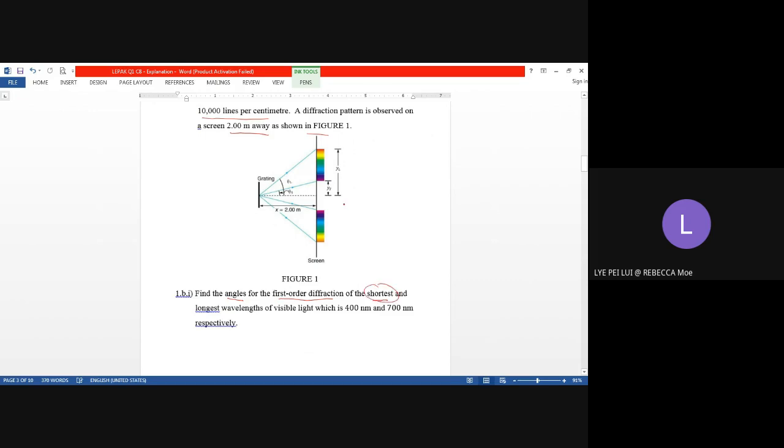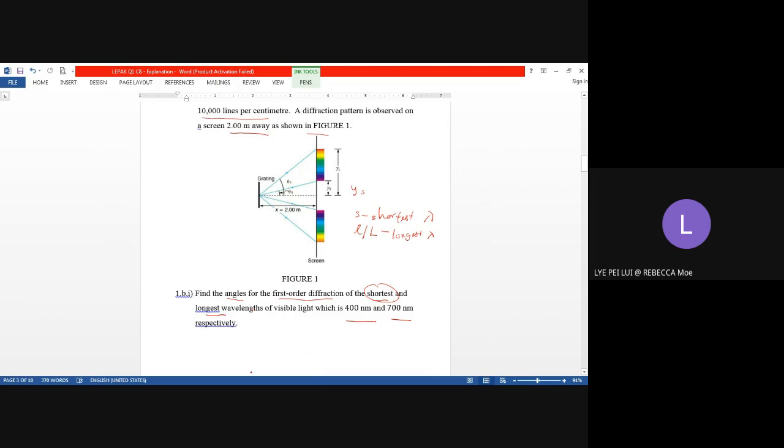That's why you have the S here, that's why it's yS. S stands for shortest, and then longest, this one L. So yL, yS, theta S, theta L. Find the angle for the first order diffraction of the shortest and longest wavelength of visible light, which is 400 nanometer and 700 nanometer respectively.